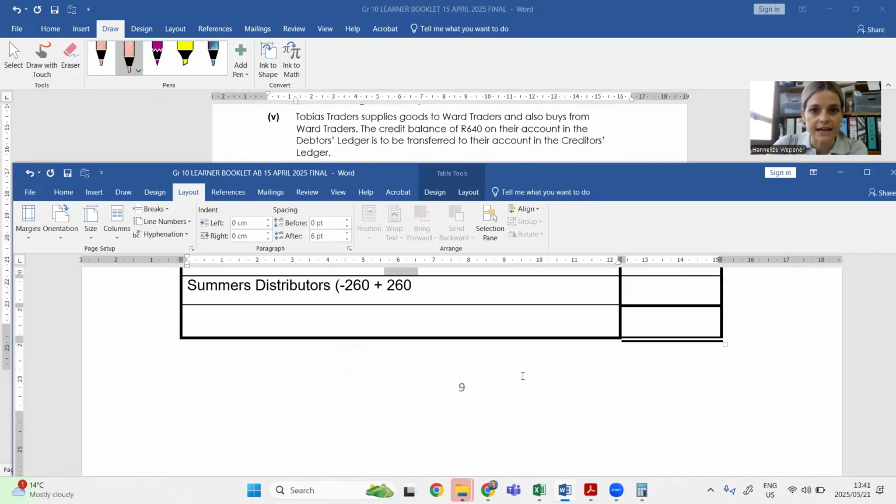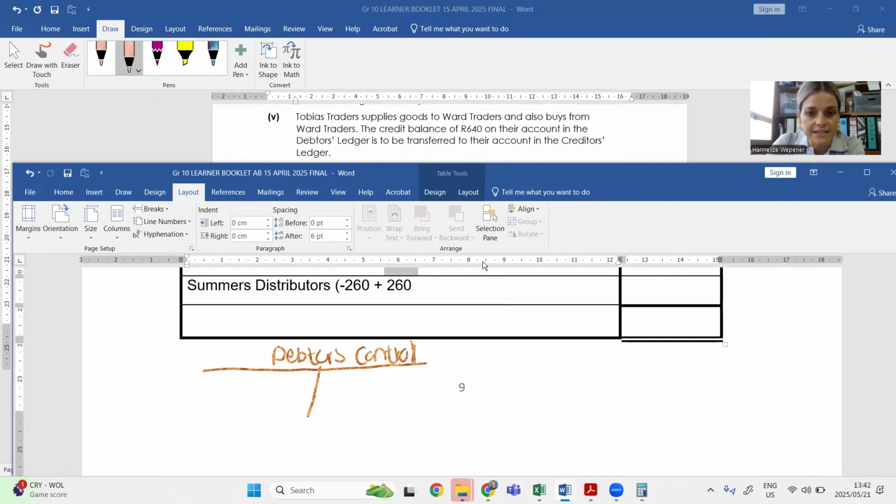And they are saying that in our books, in the debtors, so you now have a debtors control, they are saying that you are sitting with this one creditor who is also your debtor.